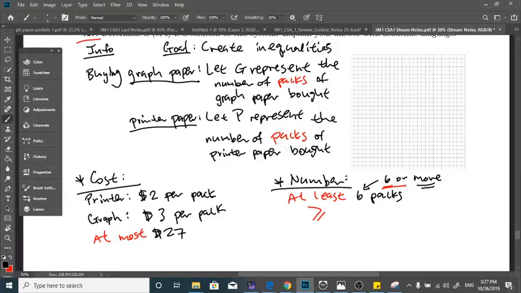See? So what that tells us then is, oops, clicked that by accident, is what we want is less than 27. But it could include it because we're saying at most, so 27 or less.